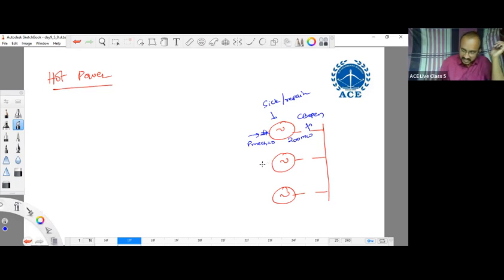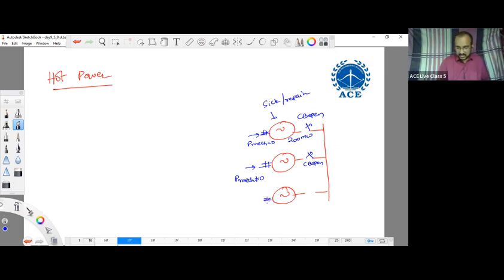Suppose you consider a case like this. Here the circuit breaker is open, but mechanical input is provided. Mechanical input is not zero. Mechanical input is being provided, but it is not delivering any power.